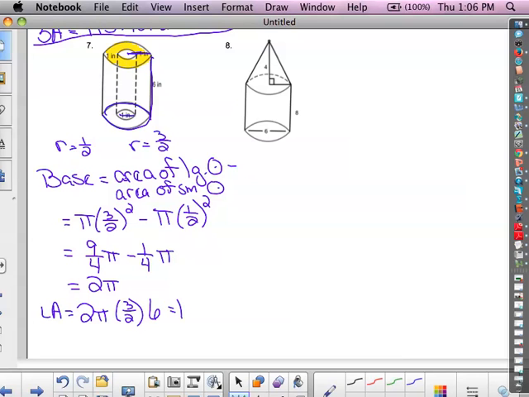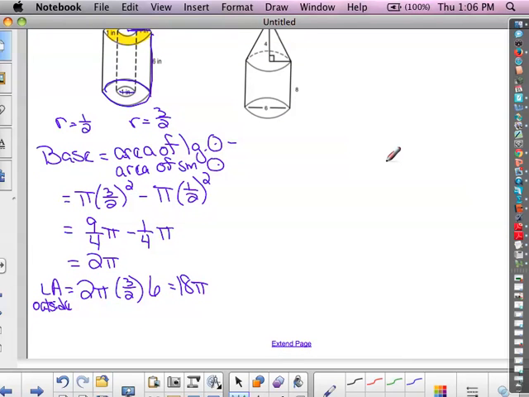So this becomes 18 pi. That's the lateral area, and we'll call that the outside. Then I have to find the lateral area of the inside. Think of a roll of paper towels. The lateral area of the inside is going to be 2 pi times 1/2, which is going to give me just pi.